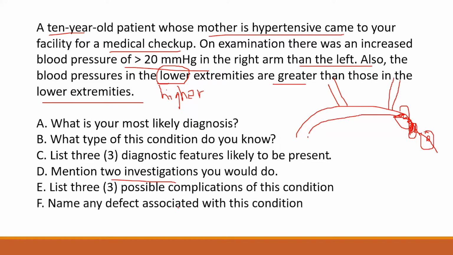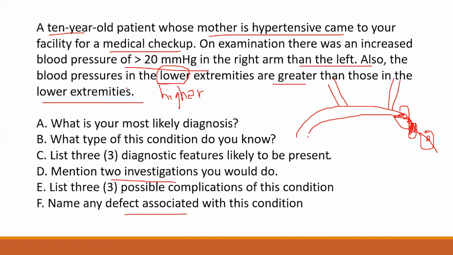Name any defect associated with this condition. So, what other defects can you be looking out for when a person has coarctation of aorta? Definitely, you can't forget your ductus arteriosus. So, you can have patent ductus arteriosus. That means it will still be open. Then you can have ventricular septal defect.